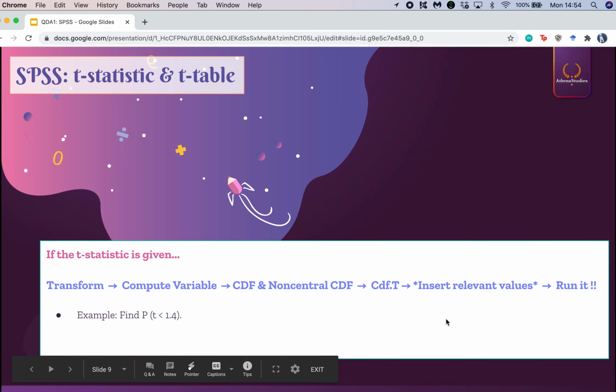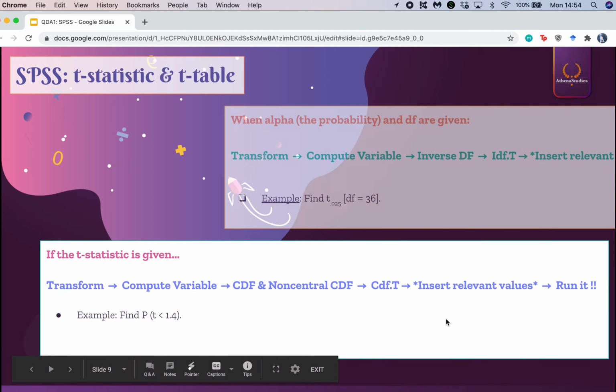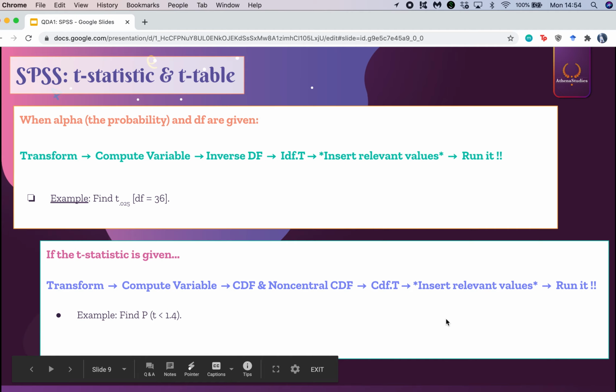So how are we going to do that in SPSS? There are two main concerns when we're talking about SPSS with regards to the t-table. Whenever the alpha and the degrees of freedom are given, or whenever the test statistic is given.